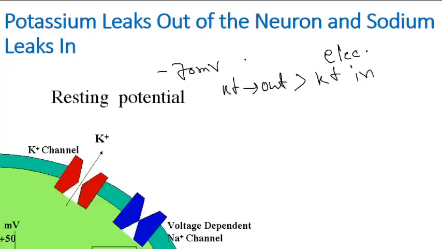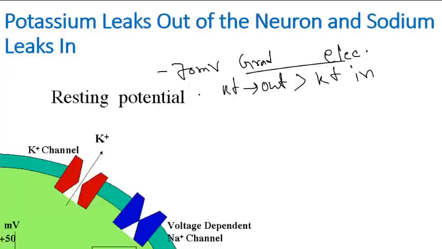Now the force on potassium is small, but the neuron is very permeable to potassium. As a result, a small amount of potassium still moves continuously out of the neuron.